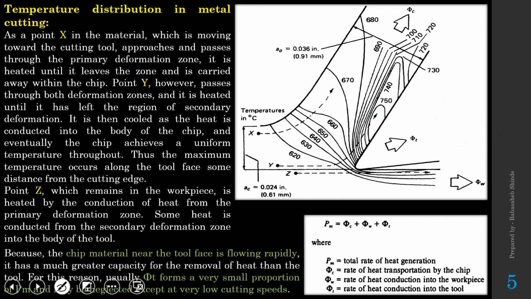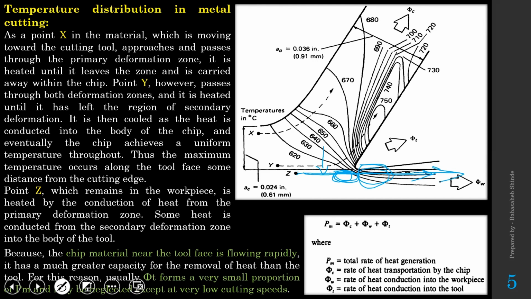Then the third one, point Z. When point Z follows this path and reaches somewhere here, the heat gets conducted from this primary deformation zone into the workpiece. So it absorbs some heat over here, and when it passes through this secondary deformation zone, there would be an addition of some more heat, and then it continues to remain in the workpiece surface.